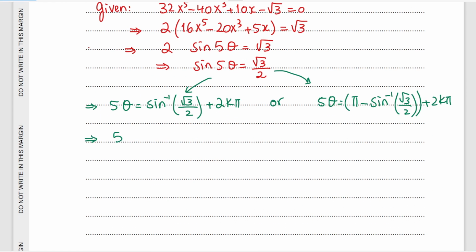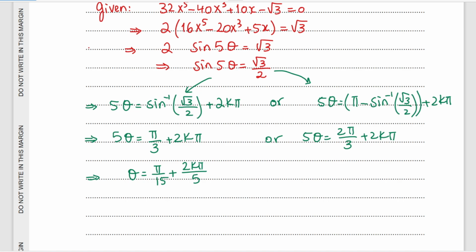So 5 theta equals pi over 3 plus 2k pi, or 5 theta equals 2 pi over 3 plus 2k pi. Divide by 5 on both sides. Theta equals pi over 15 plus 2k pi over 5, or theta equals 2 pi over 15 plus 2k pi over 5.